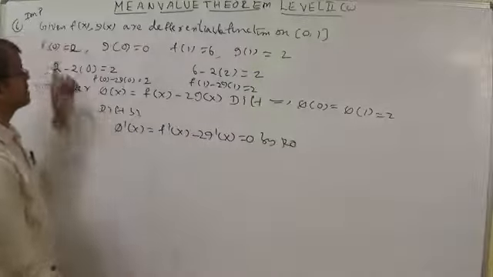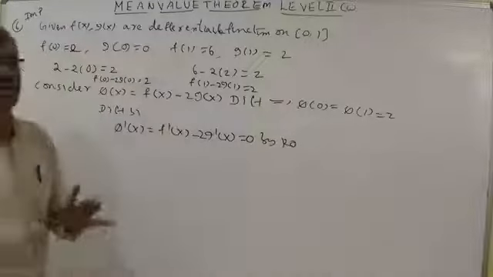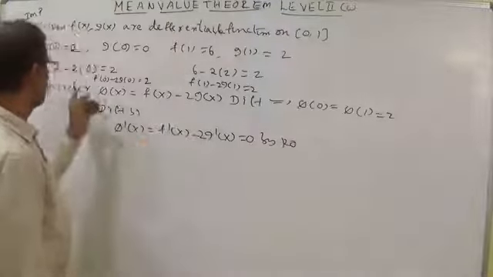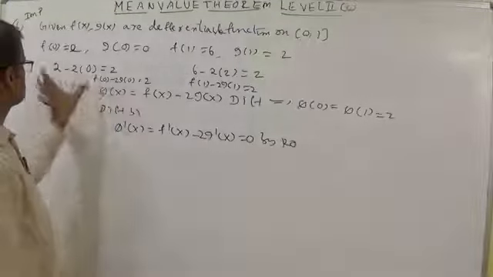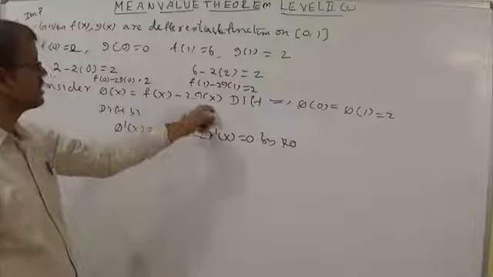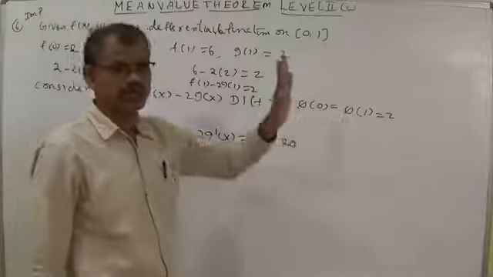This is continuous and derivable, already given. Whenever the function is derivable, it is obviously continuous. In the same way, we got phi(0) equal to phi(1), the values are equal.